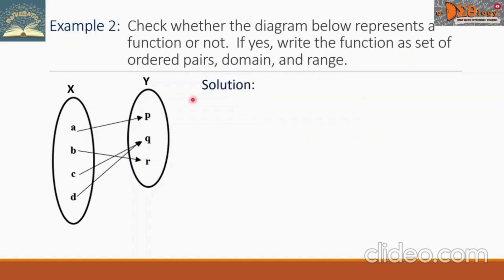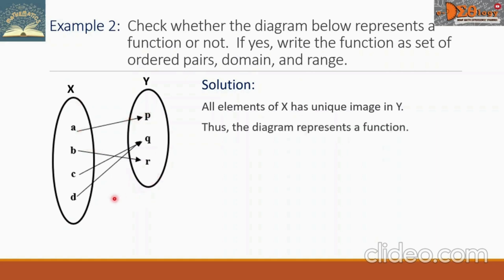Here we have two sets, set X and set Y. Here are the elements of X and here are the elements of Y. We can see that all elements of X have a unique image in set Y. That means there is only one arrow from any element of X going to any element of Y. Thus, this diagram represents a function.